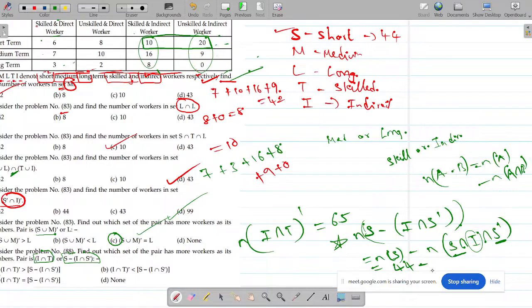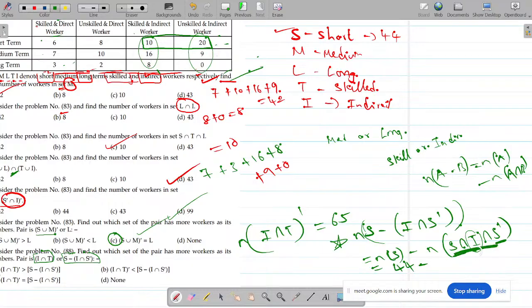No, you cannot get 63 here, because I cannot have a negative value, right? So S intersection I intersection S'. Oh, sorry, this is null set, 0. Is it clear?